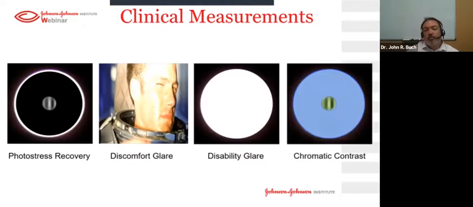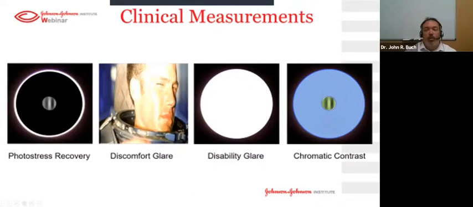Okay. And finally, we have that concept again of chromatic contrast. And in the study, they used a green center target surrounded by a blue surround. And this was specifically chosen, the blue and the green, because it represents the most common color combination that's seen in nature. It has been known for a long time that blues and greens are seen all the time.